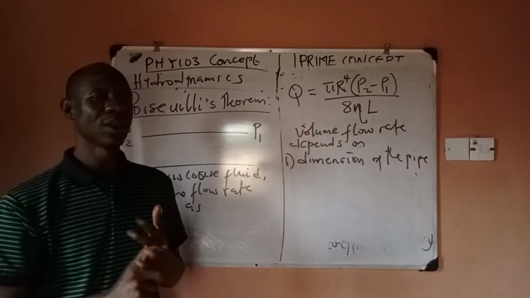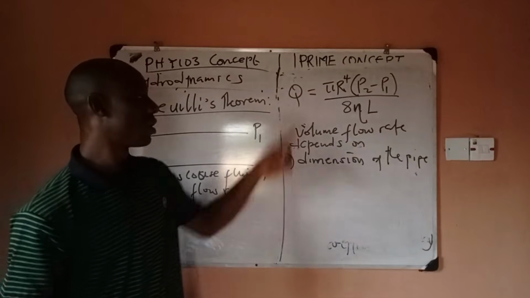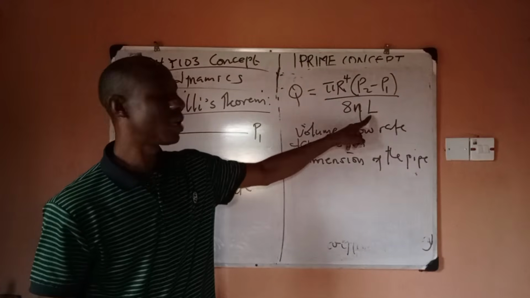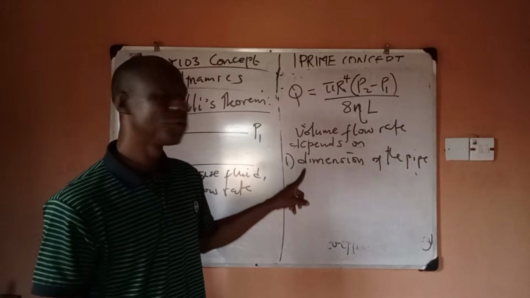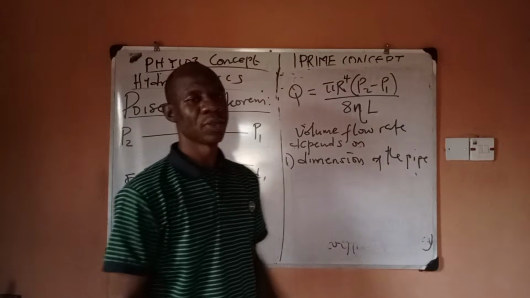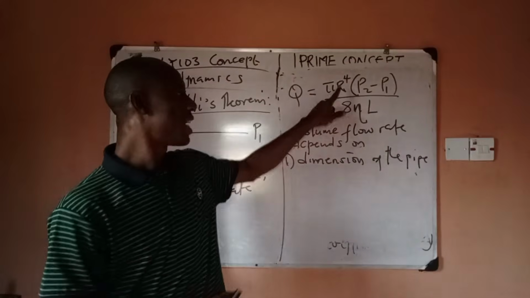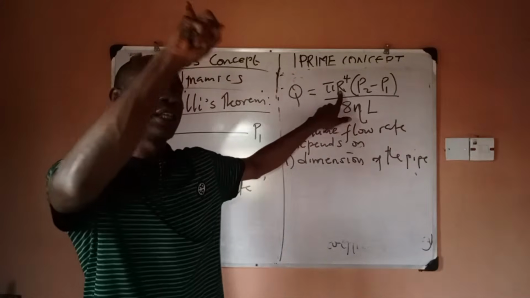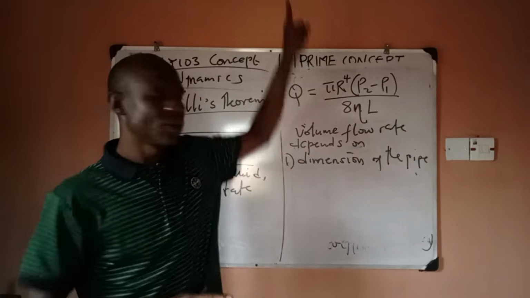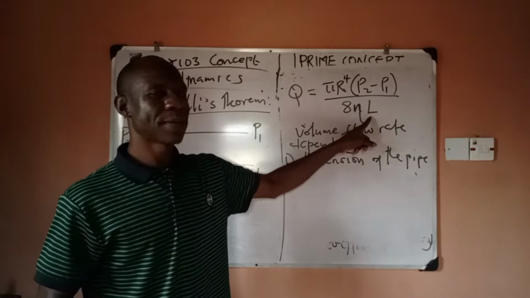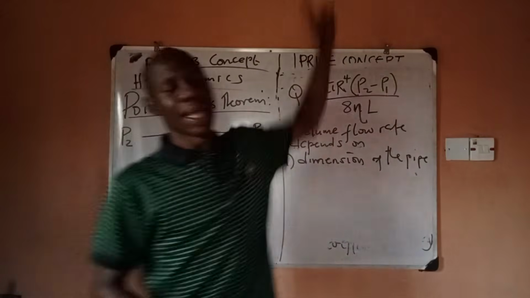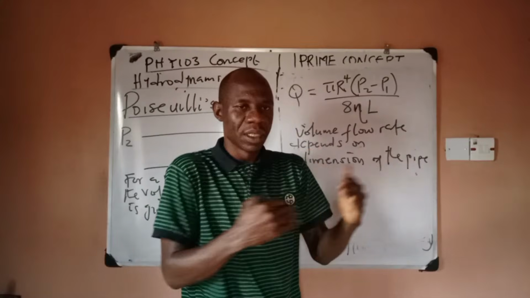A pipe has what? Radius, it is a dimension. So it means that the volume flow rate depends on the radius of that pipe. It also depends on length. So that's why we say the volume flow rate depends on what? The dimension of the pipe. So it means that if the radius of that pipe is very big, the volume flow rate is expected to also be what? Big. If the length of that pipe is small, the volume flow rate is expected to be what? High. You have a short pipe, it will flow faster.